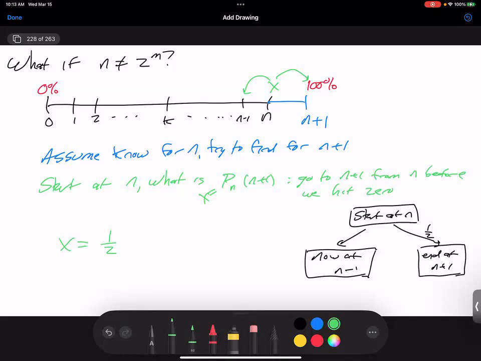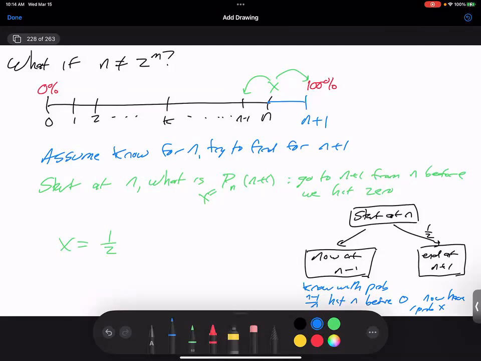It's just n minus 1 over n. So we know with probability n minus 1 over n, we hit n before 0. And now have probability x. Because once we're back at n, we've just reset the game.